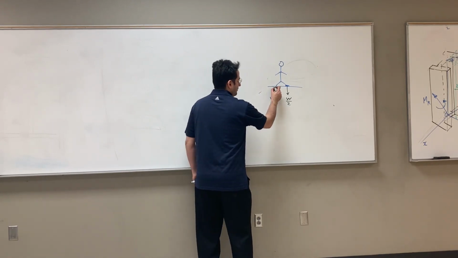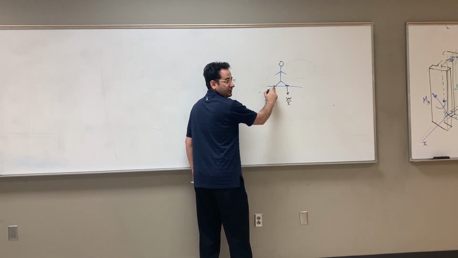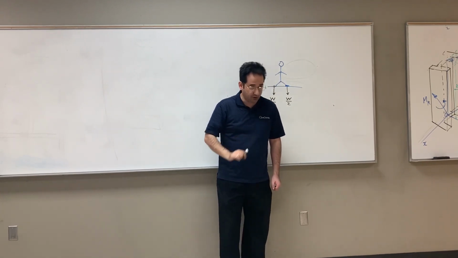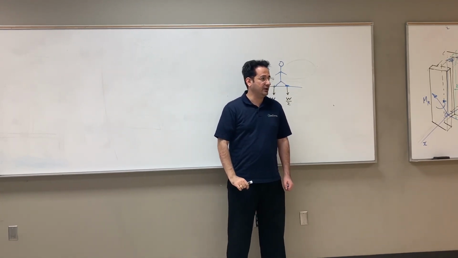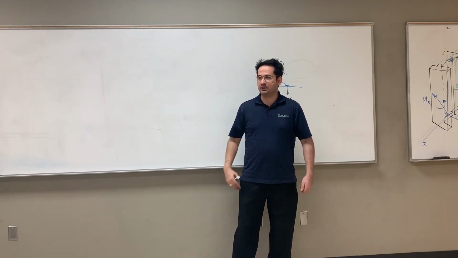But look at this contact point. Now we want to talk about the detail of this contact point. I am not applying this force at one single molecule on the surface of the floor. I'm applying it on an area, so this is a kind of distributed load, right?